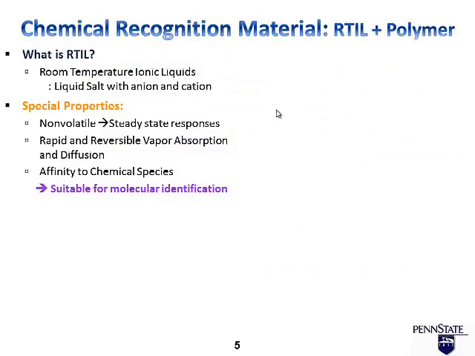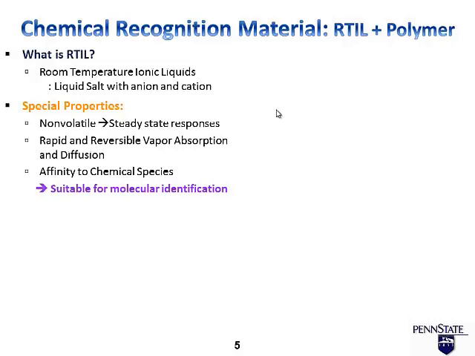So let's talk more about the room temperature ionic liquid. Room temperature ionic liquid, or RTIL, is a liquid salt consisting of bulky and soft anions and organic cations.